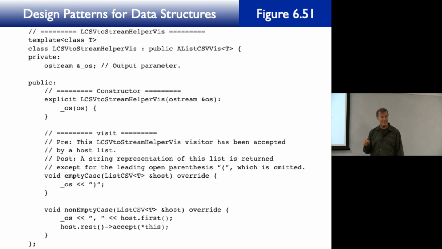A toStream helper visitor. And that's exactly what accept needs. So we could have a new local helper visitor and instantiate a new one, but we might as well just use the same one that we have here. So we just accept star this, host.rest.accept star this.